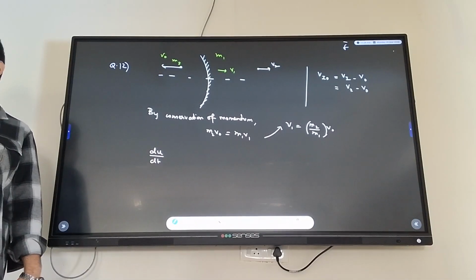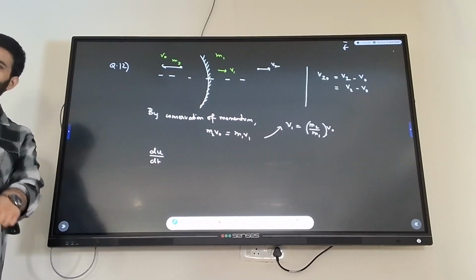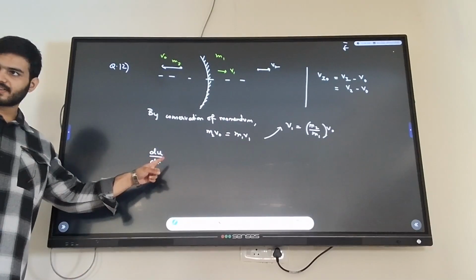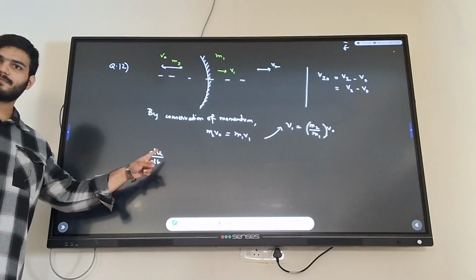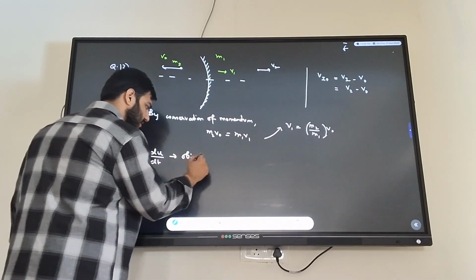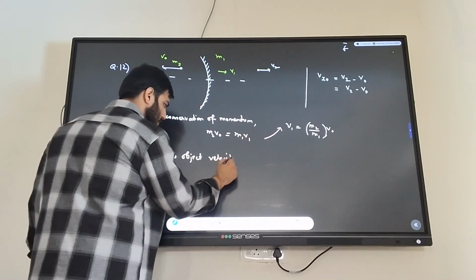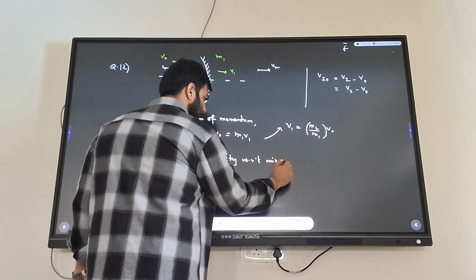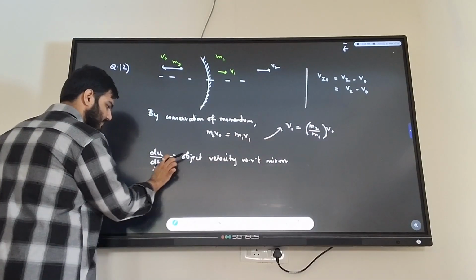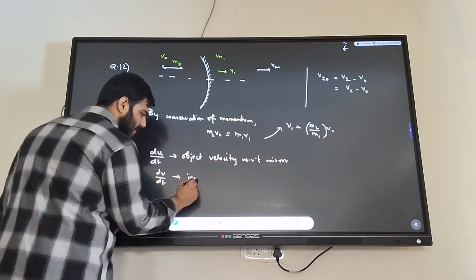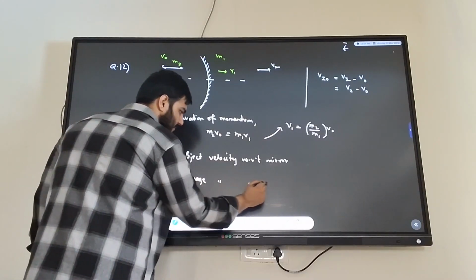Where is your origin taken to be? Pole, on the mirror. So this is the object velocity with respect to mirror. Then what is dv by dt? This is image velocity with respect to mirror.